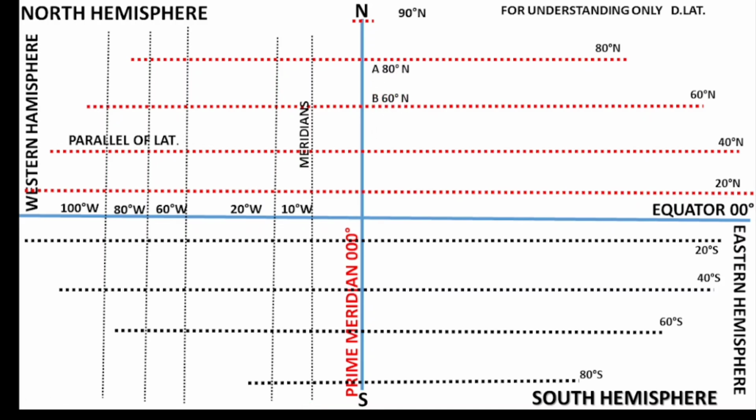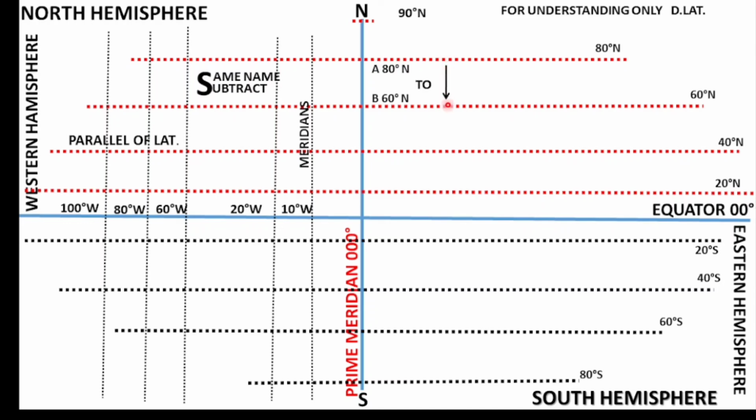So let us just see what is the D lat if one latitude A is 80 north, B is 60 north. Let us go from A to B. Which way am I going? The names are the same name, so subtract: 20 degrees. I am going from 80 to 60.